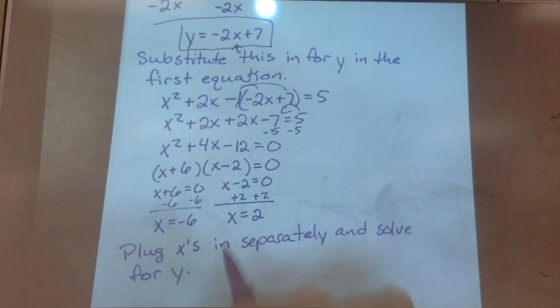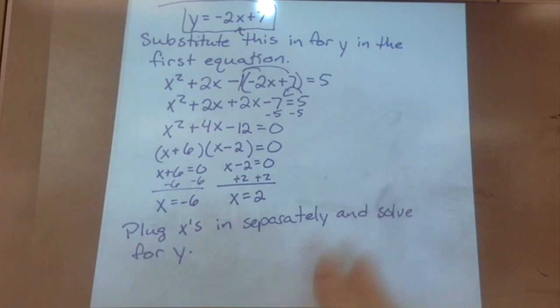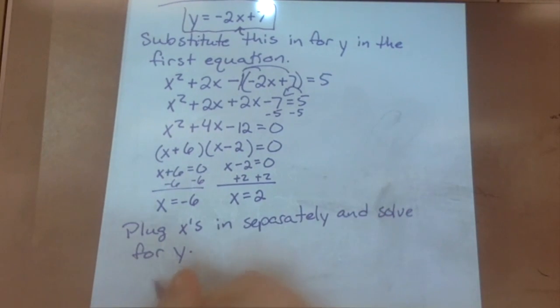So I'm going to first take that negative 6 and plug it back into y equals negative 2x plus 7. So y equals negative 2 times negative 6 plus 7.